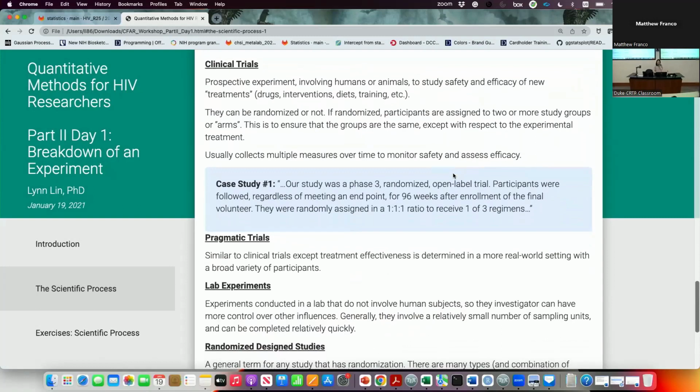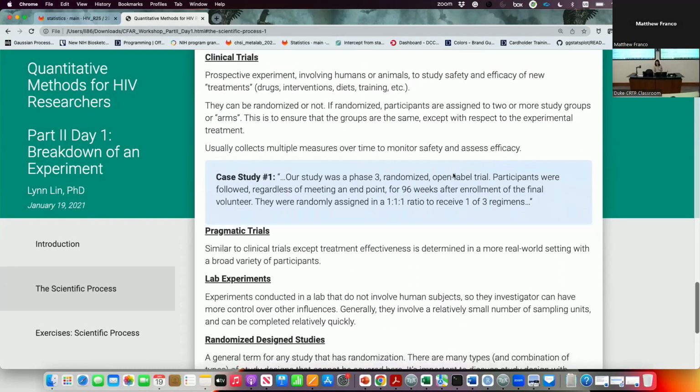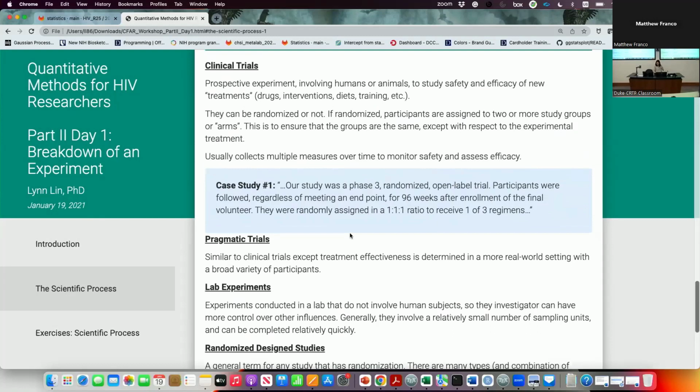And obviously, because we assign participants into different groups, for example, different treatment regimens, we want to match those participants across the other attributes, the characteristics. Typically, when we conduct clinical trials, we collect data multiple times, for example, before treatment and after treatment, at least 2 time points to make a comparison.